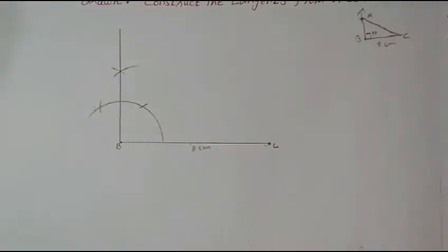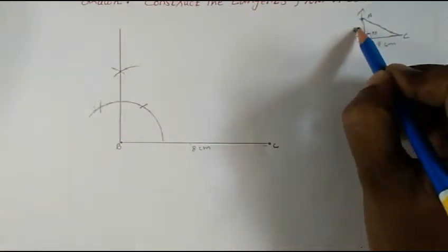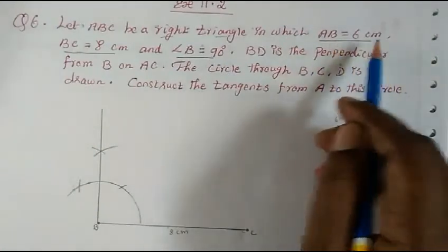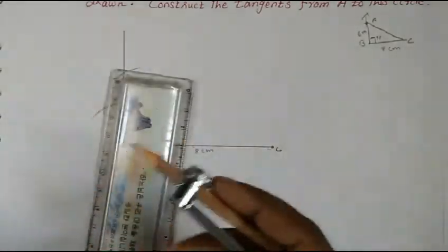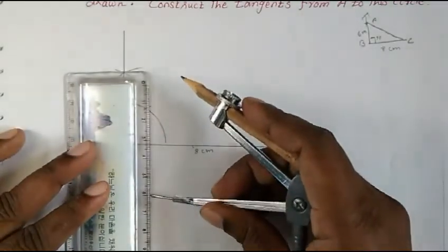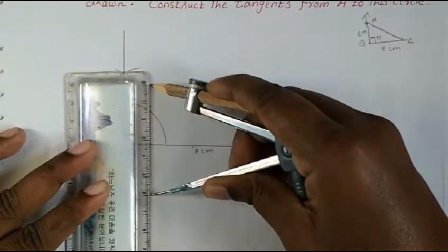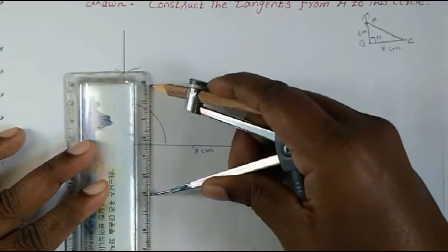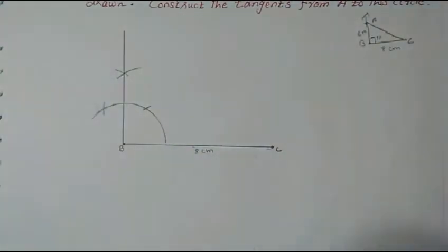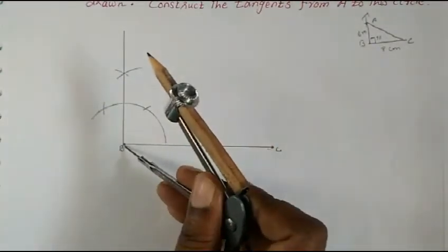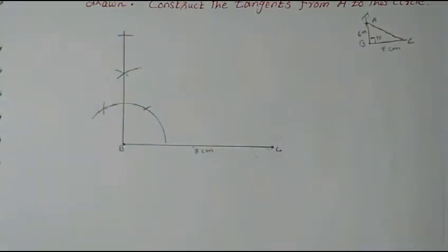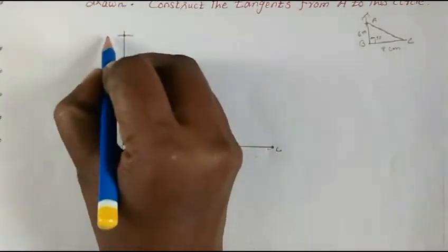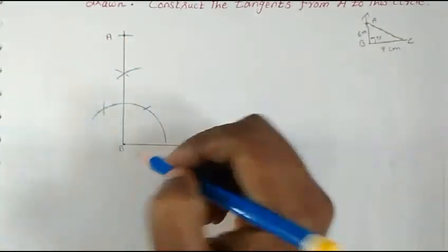So now we need 6 centimeter here, right? AB 6 centimeter we need, so let's take 6 centimeter. This is 6 centimeter. Keep it on B and mark it. So this is our point A, which is 6 centimeter.